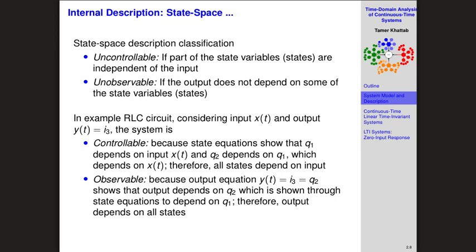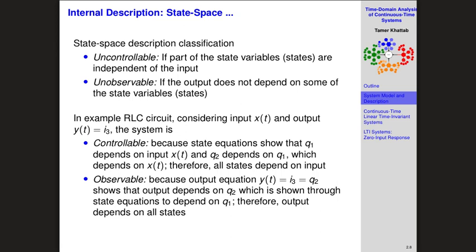When you look at the output, assuming, for example, we are interested in output V3, the voltage across the resistor, as we looked at in the previous slide, you will notice that the output equation is just a function of state Q2. But again, because Q2 is a function of Q1, the output is definitely also a function of Q1.